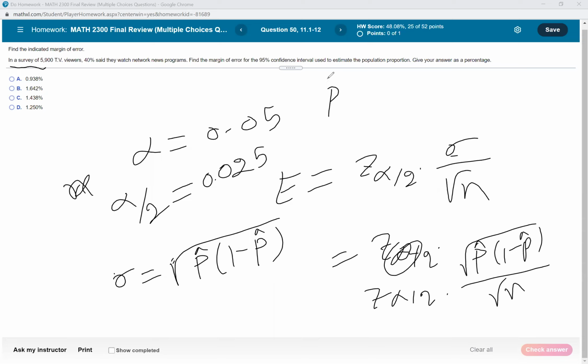Where p hat is here 40%, so that means 0.4, and n is the sample size, which is 5900.